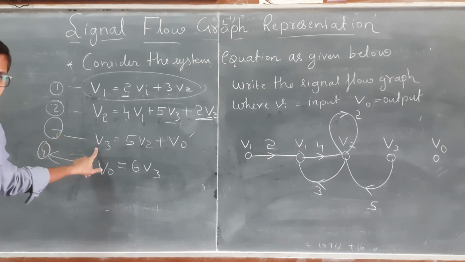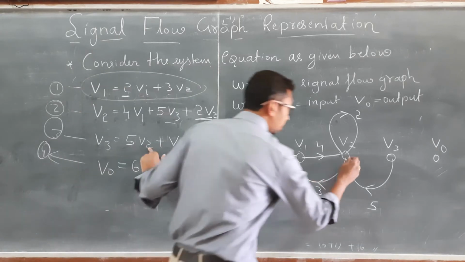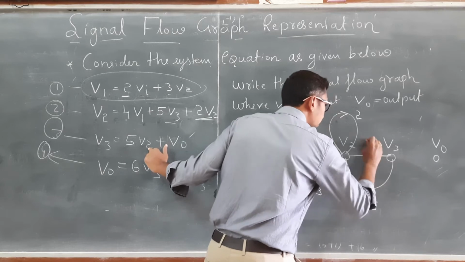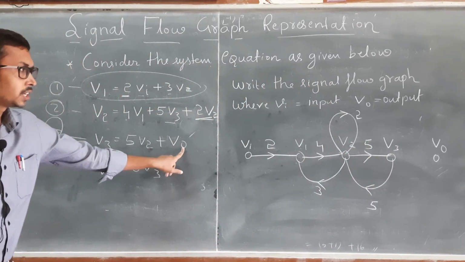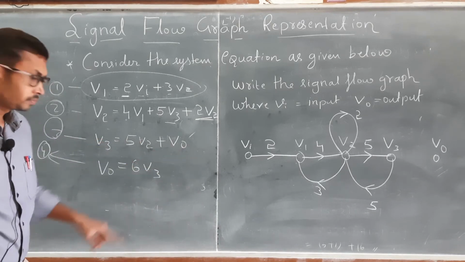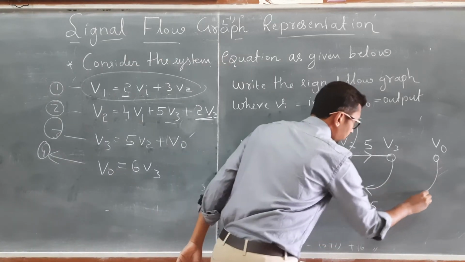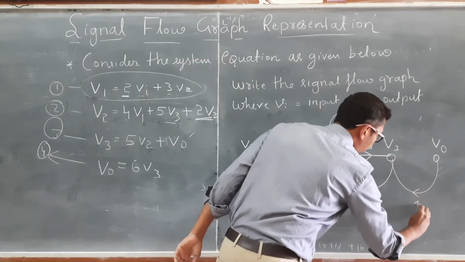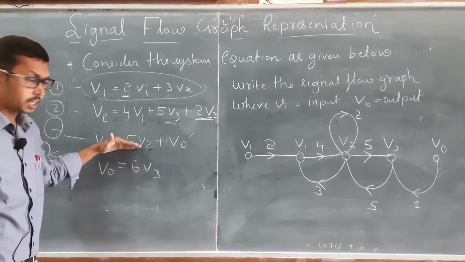V3. So V3 is getting the signal from V2 with a branch gain of 5, plus V0. This V3 is also getting the signal from V0. So what is the constant here? 1. So this is a 1. This represents equation number 3.